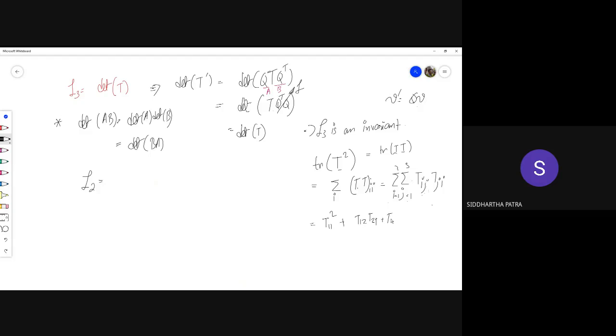For example, the next term would be t13, t31, and then you can go for the first index to be 2. Continue with this and get the final expression, and try to get the trace of the t squared matrix.